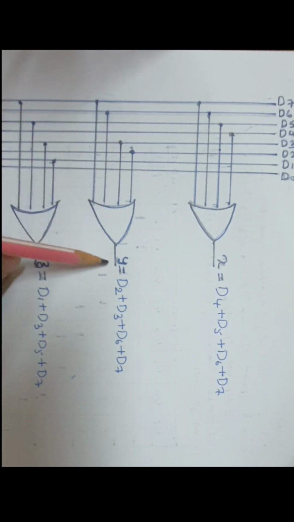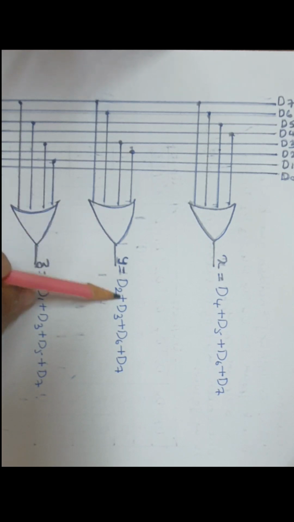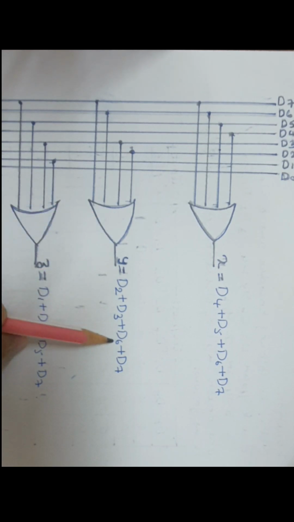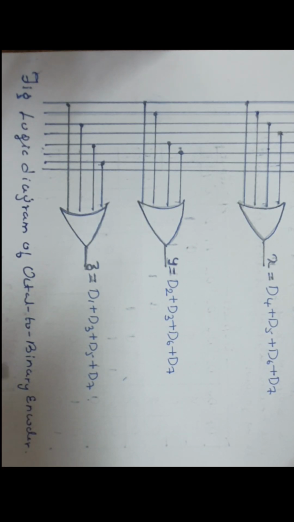Inputs are taken from there, and the output of that OR gate gives Y equals D2 or D3 or D6 or D7. Similarly for Z, the inputs D1, D3, D5, D7 are taken. They are logically ORed, hence the output is Z equals D1 or D3 or D5 or D7. So this is the logic diagram for the octal to binary encoder.